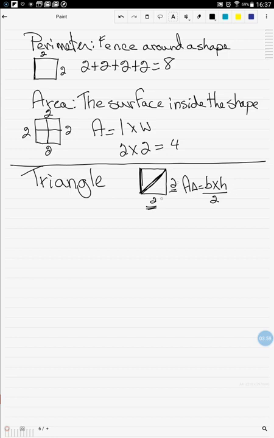Now, in this case, 2 times 2 divided by 2. 2 times 2, 4 divided by 2, 2. That would be it. Now, where it gets tricky is, this is easy because this triangle has a right angle, right? So my height and that side is the same.